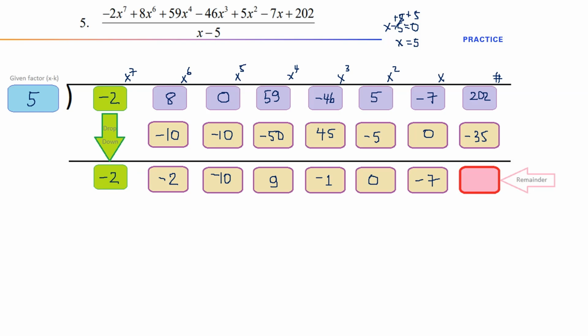So 12 minus 5 is 7. And we remember 1, so 10 minus 4 is 6. Then we remember one more. So 2 minus 1 is 1. So we have 167 as the remainder.